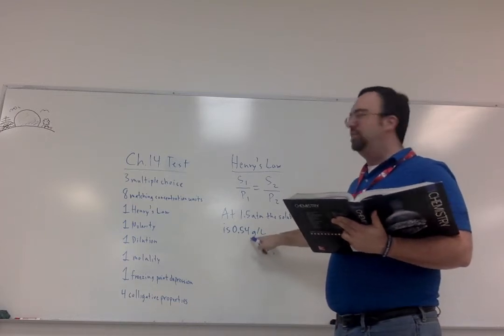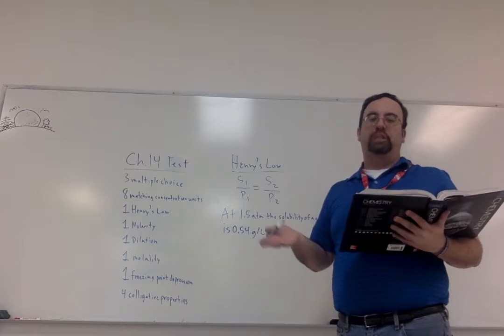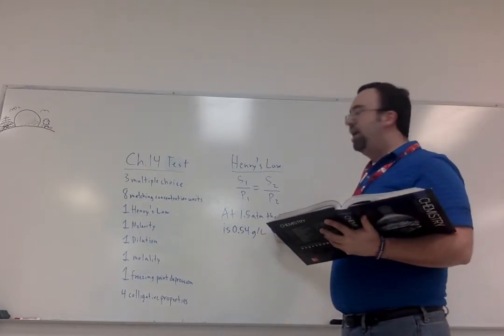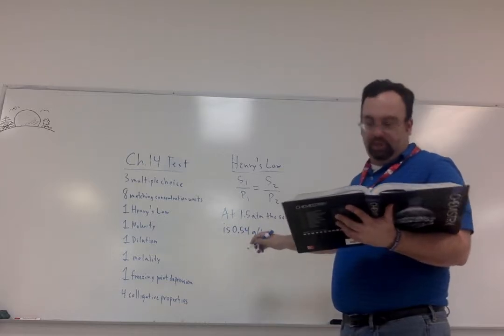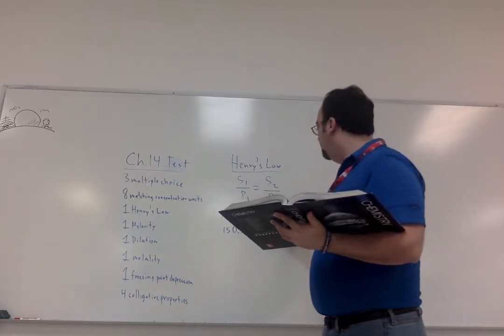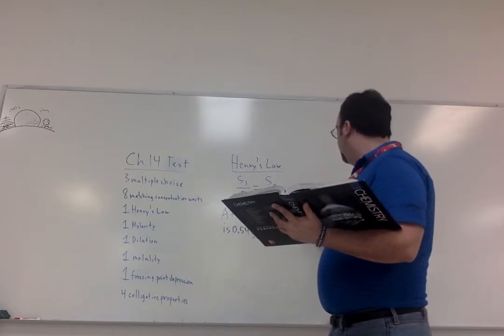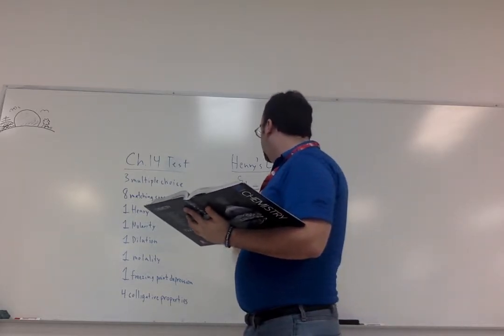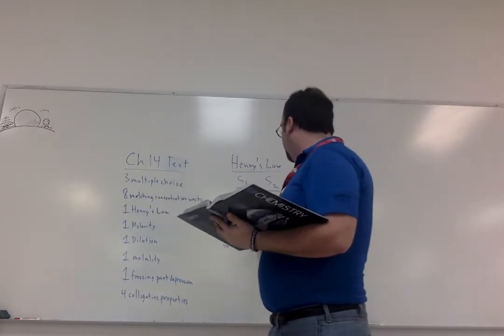Grams is a unit of mass, liters is a unit of volume. And so again, this is another way that you can express concentration. The problem is asking you to calculate the solubility when the pressure is doubled.